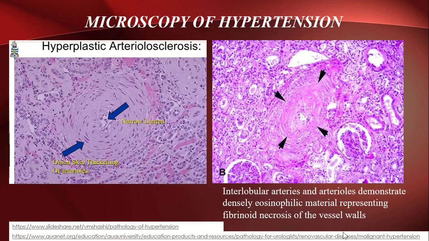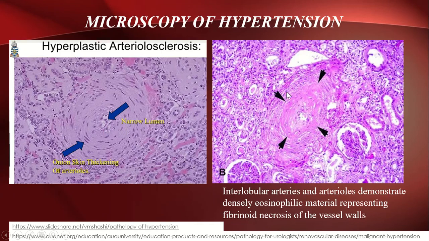In this slide, you see the microscope of hypertension. This biopsy was taken from chronic hypertension, and here you see the change in the wall of the arterioles, the onion skin thickening of arterioles, and the narrowing of the lumen.